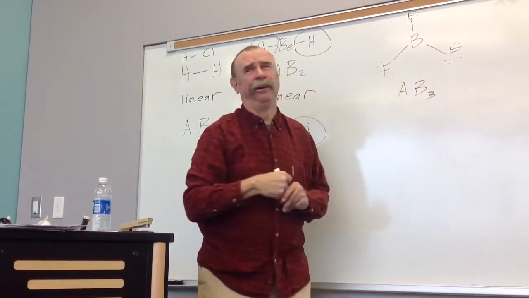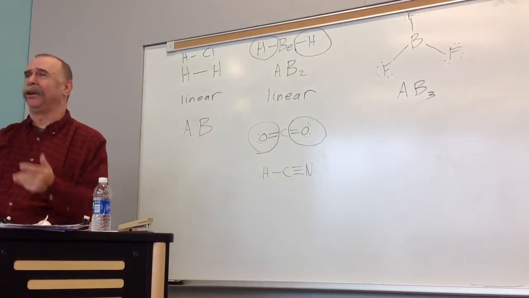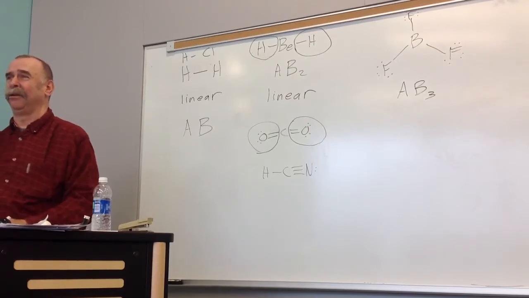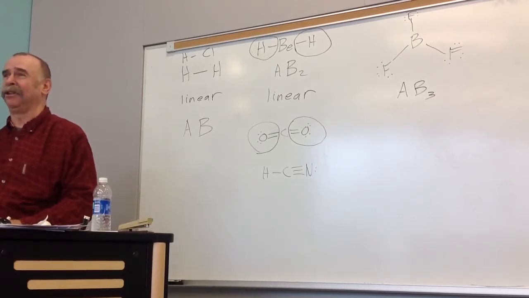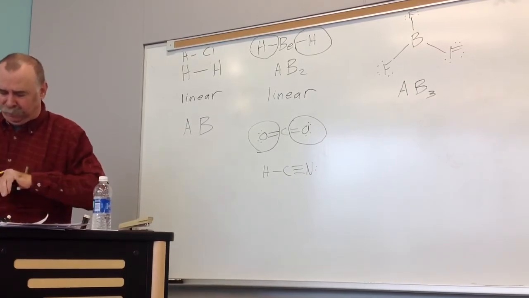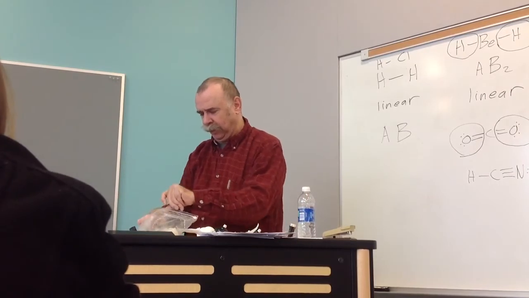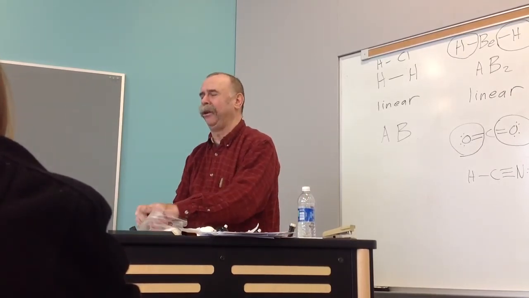Is that linear? Are those 3 fluorines going to try and get as far apart from each other while still remaining attached to the central boron? So with my toys here, can you already figure out what angle they're going to end up at?